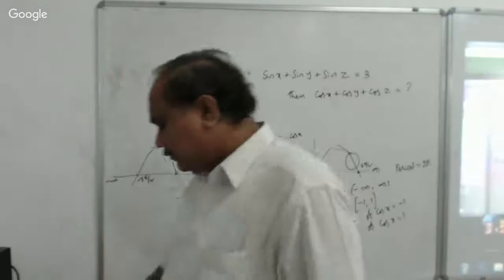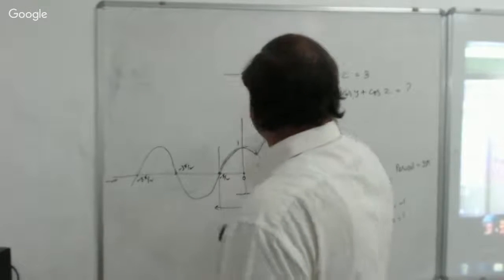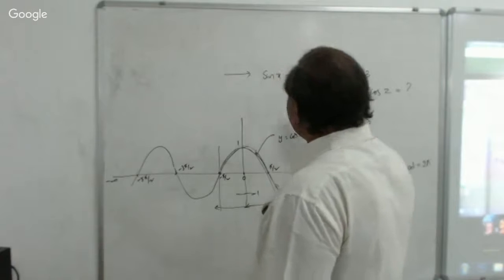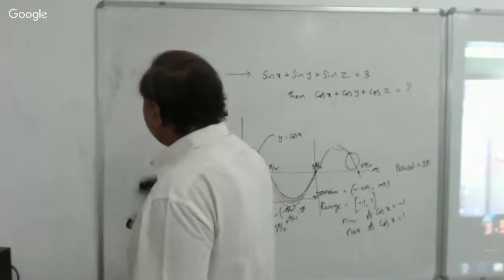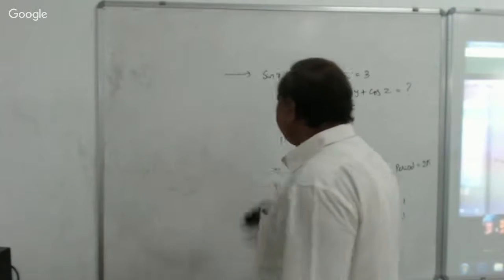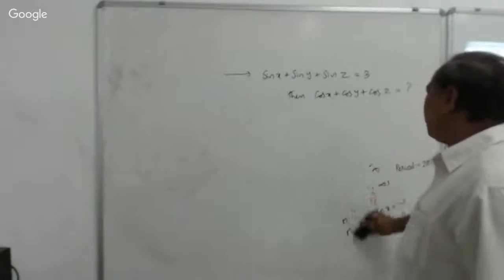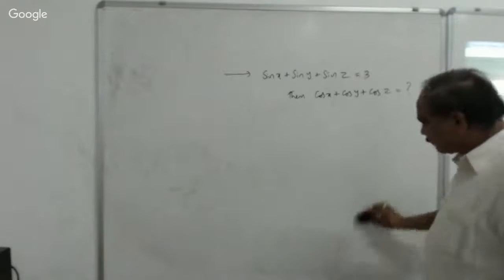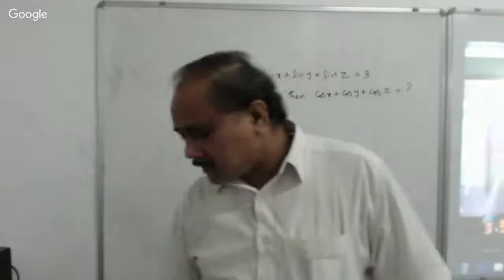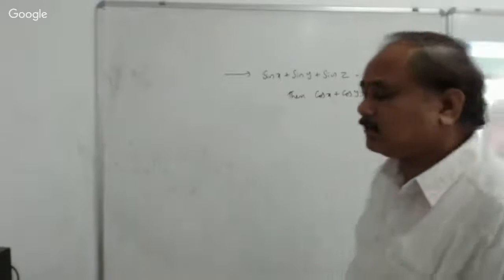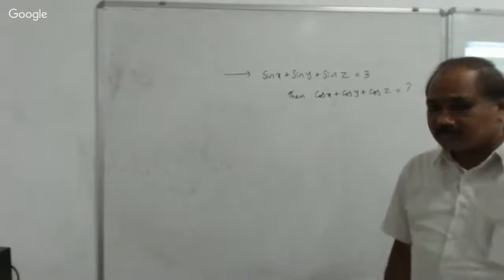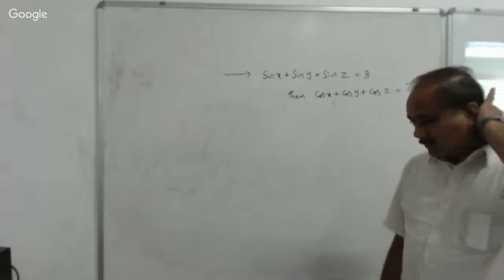Okay, look here. Here we have three terms, three sines: sin x plus sin y plus sin z equals 3. What is the range of sin x? Minimum value first: -1 to +1.